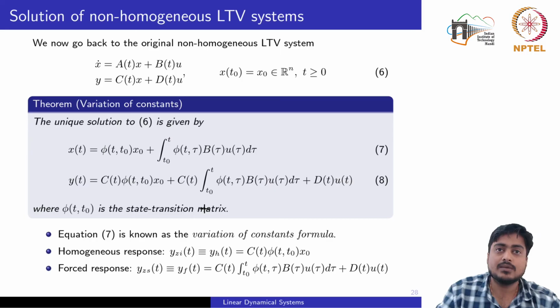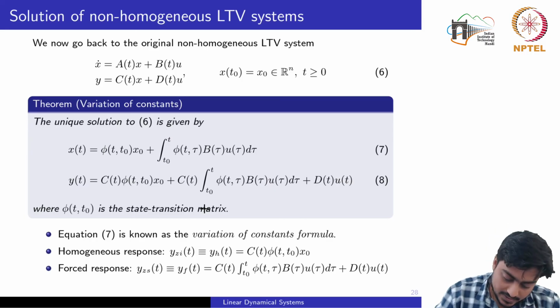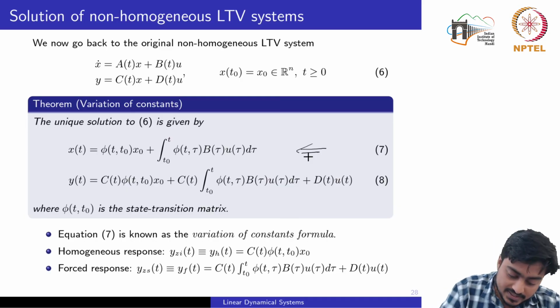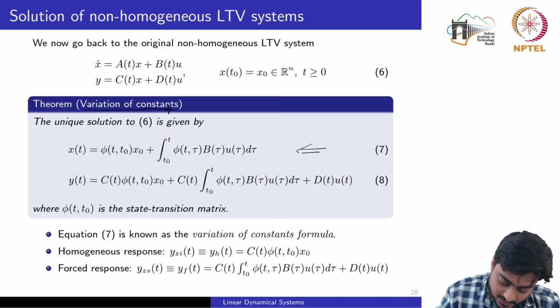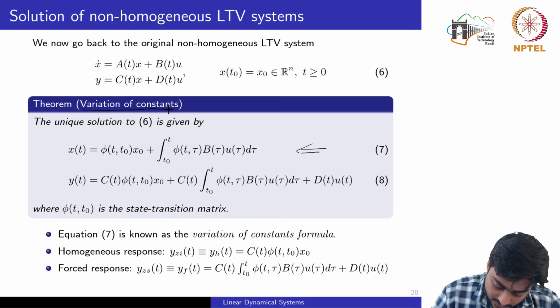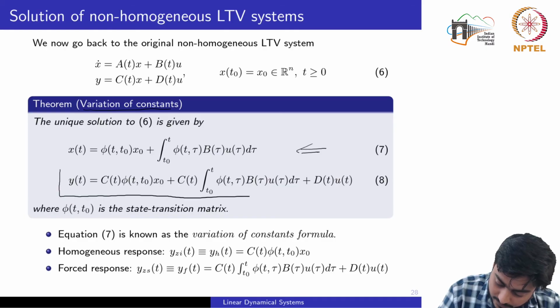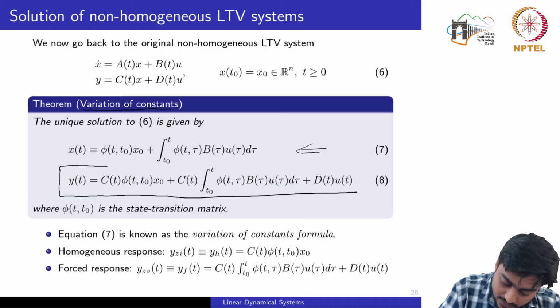So there are certain properties of this result: equation 7, basically this equation, is called the variation of constants formula, by which it gets its name. Now this is the overall response of y(t).